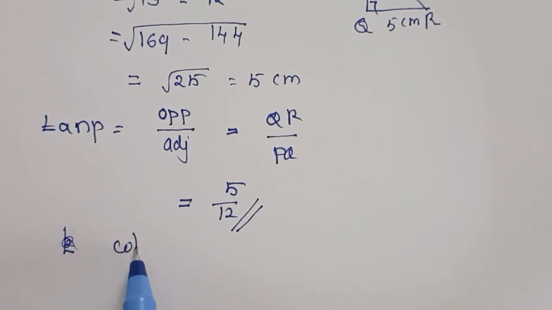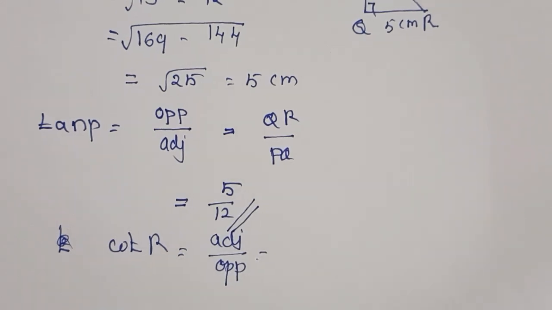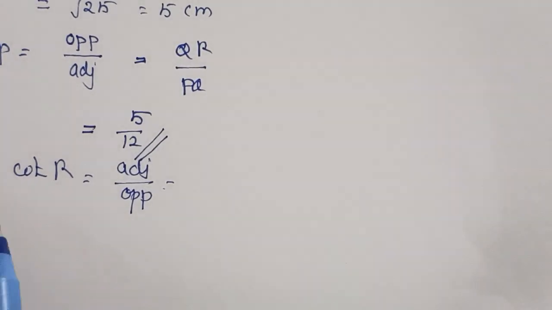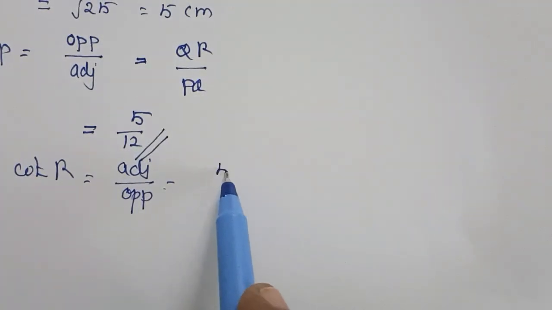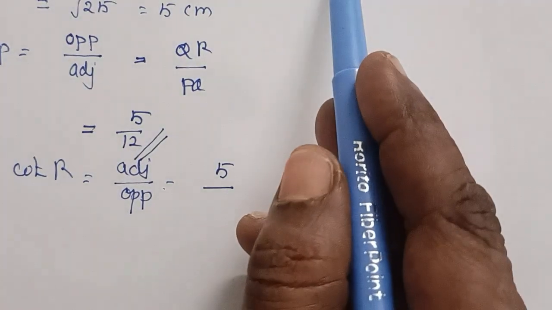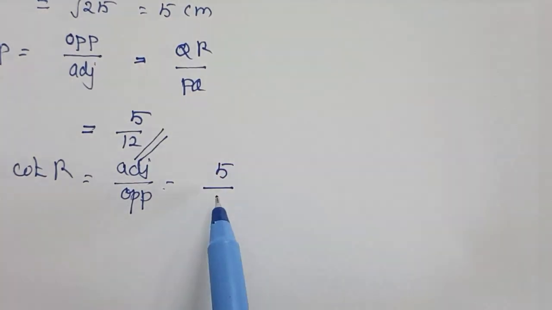Then find cot R. Cot is the reciprocal of tan. Reciprocal of tan means adjacent side by opposite side. Here the angle is R. Therefore, adjacent side of R equal to 5 centimeter, divided by opposite of R, which is PQ, that is 12 centimeter.